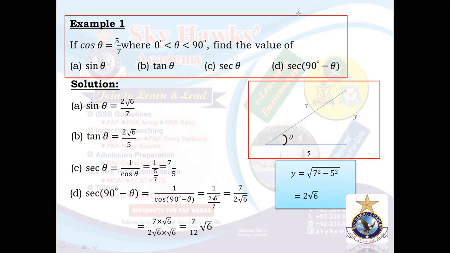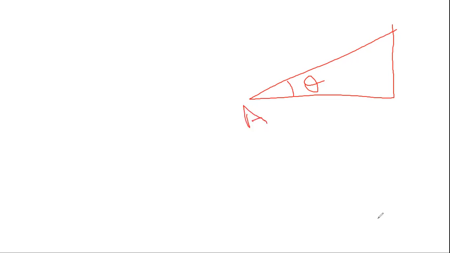All right, that's what I'm going to try doing now. Sine is going to be pretty easy. Sine is opposite over hypotenuse, so y over 7.